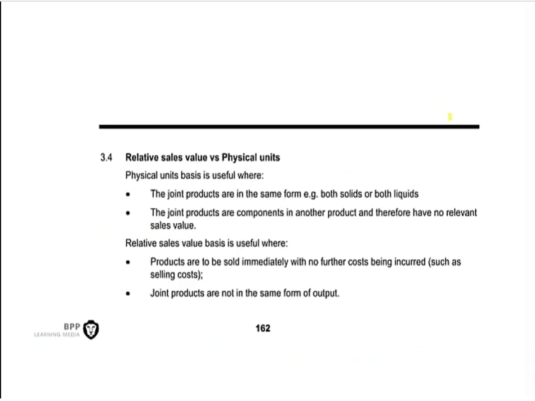So the physical units is useful if they're both in the same form, so diesel and petrol, and if they are components in another product that don't have a relevant sales value. The relative sales value is useful if we want to ensure that all of the products are profitable, and it's good if they're going to be sold straight away because we won't have any extra selling costs and we'll know what they are worth. It's also useful when they're not in a comparable form of output.